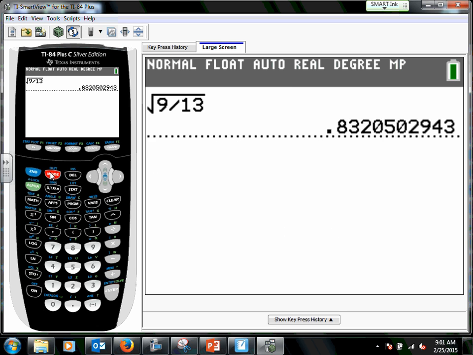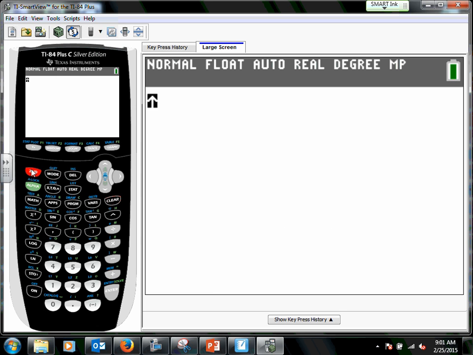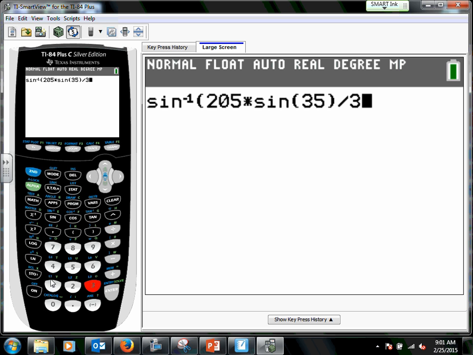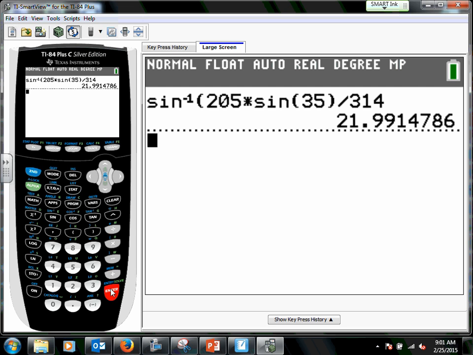Okay. So we're taking the inverse sine of, help me out, was it 205 times the sine of 35, divided by 314. If you want to keep that for later, do you guys know how to store numbers in your calculator?